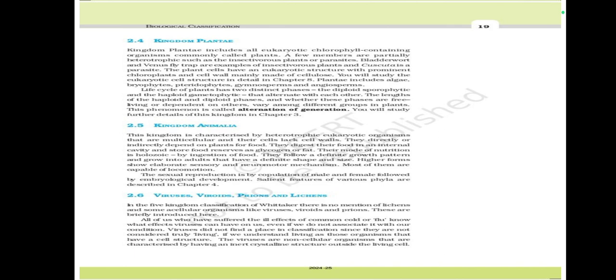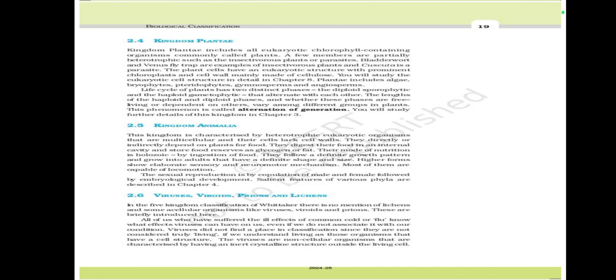Their mode of nutrition is holozoic, by ingestion of food. They follow a definite growth pattern and grow into adults that have a definite shape and size. Higher forms show elaborate sensory and neuromotor mechanism. Most of them are capable of locomotion.